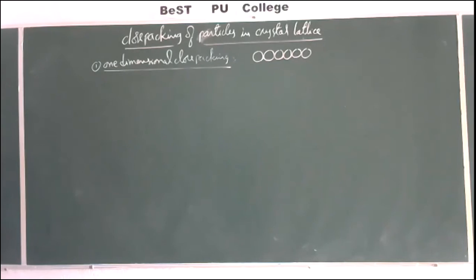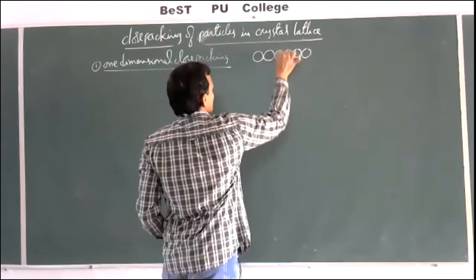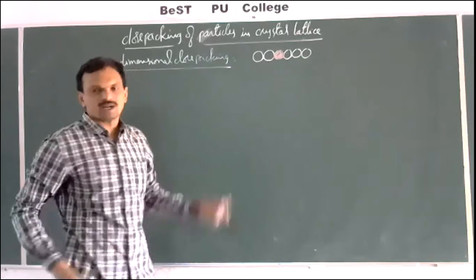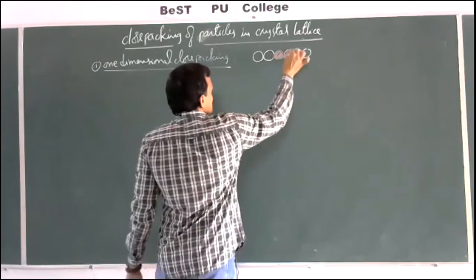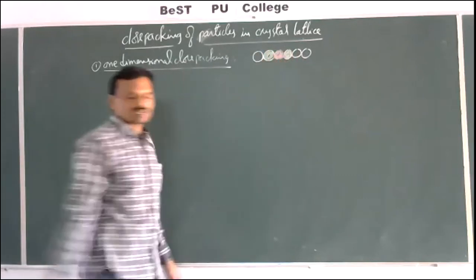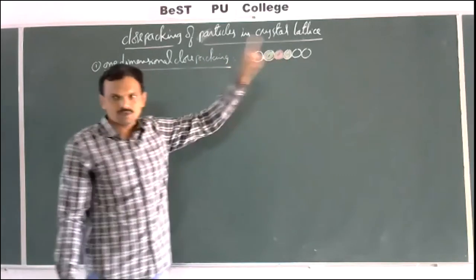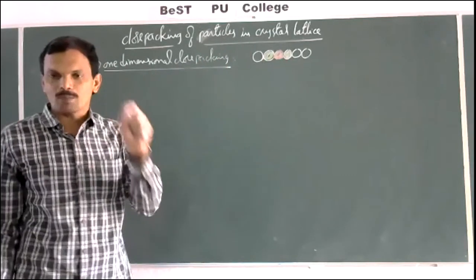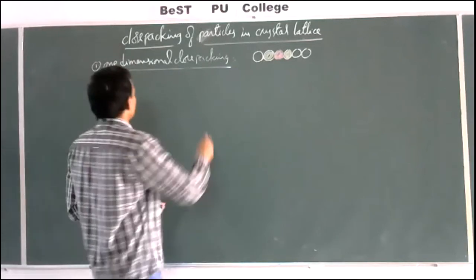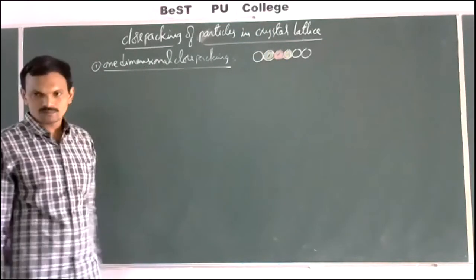Now in this one-dimensional close packing, if you select any particle, so I have selected this particle, it is in contact with how many particles? Only 2 other particles, on both sides. So the coordination number of a particle in one-dimensional close packing is 2.